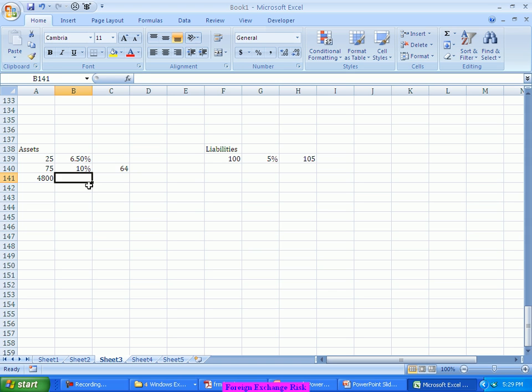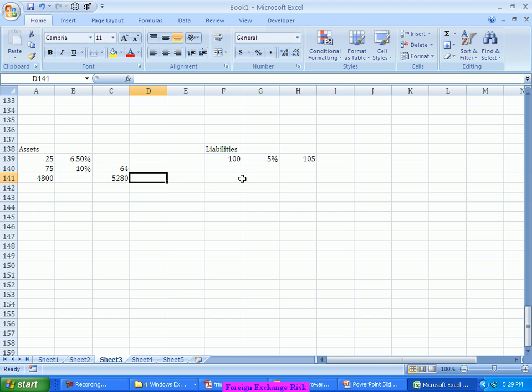So after 1 year, how much is it going to fetch, assuming no defaults and all that? After 1 year, it is going to fetch me 5,280 million.